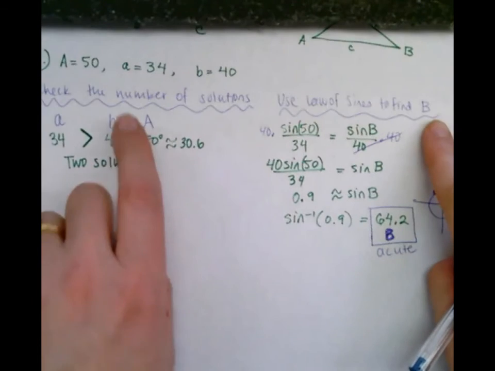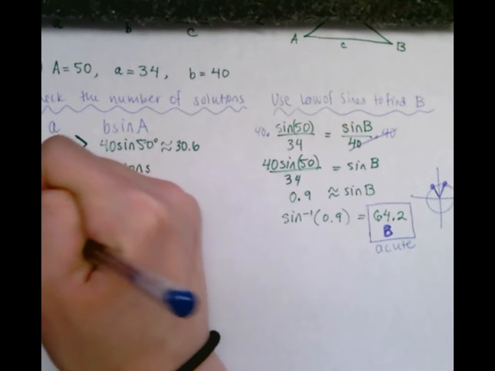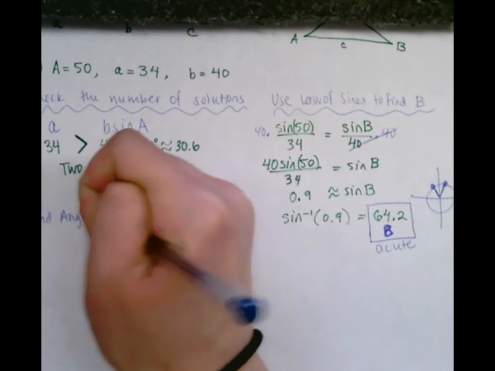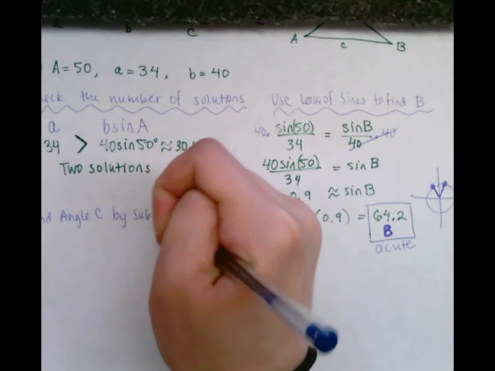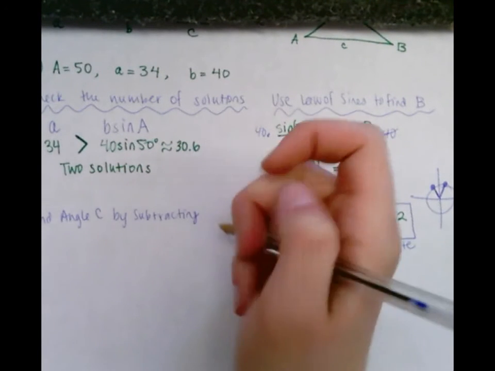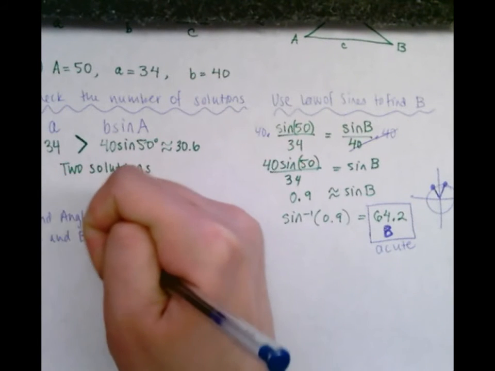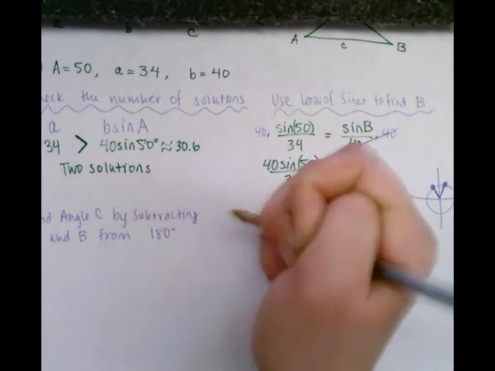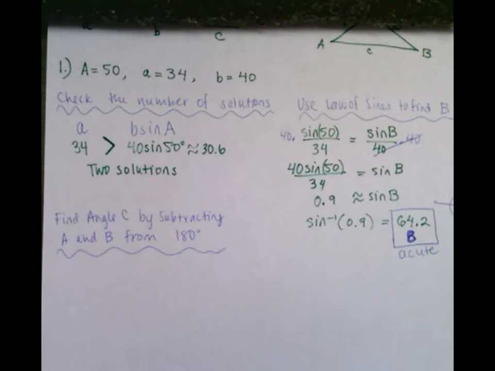Okay, so now what we're going to do is we found angle B, so now we have angle B and angle A, so it's not too hard to find angle C. So we're going to find angle C by subtracting A and B from 180, because we know that all of the angles in a triangle should add up to 180.